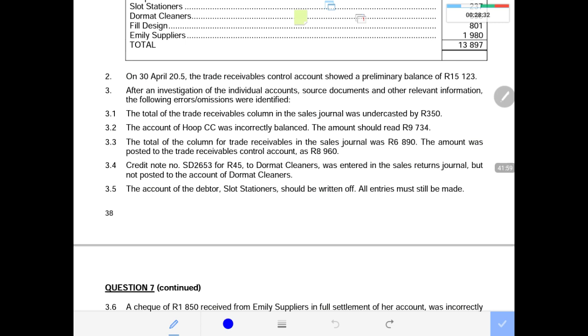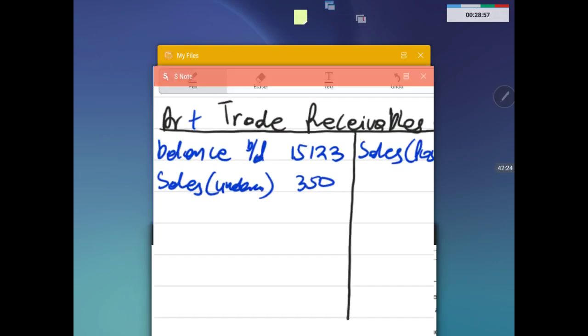For a long time emails were sent, letters were sent, and the customer is nowhere to be found. Therefore his account must be written off. And it says all entries must be made. That means none of them were made. That means the list of debtors will be affected, and the trade receivables control must also be affected.